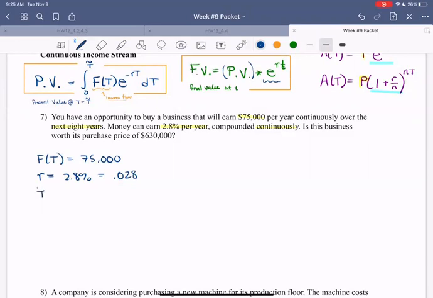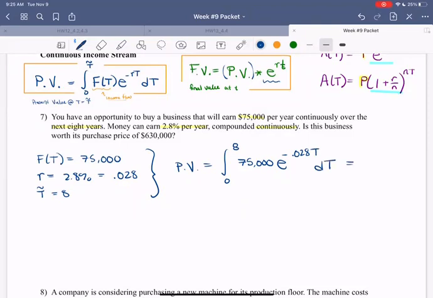And the time where this business will earn this money will be 8 years, so t tilde is 8. Now let's set up the present value of the company. We have the integral from 0 to 8 of 75,000 times e to the negative 0.028t dt.